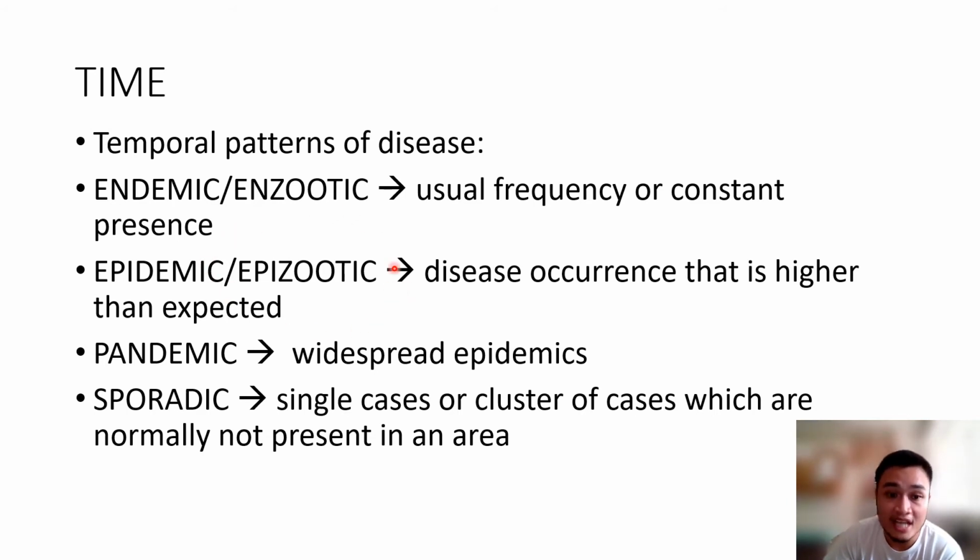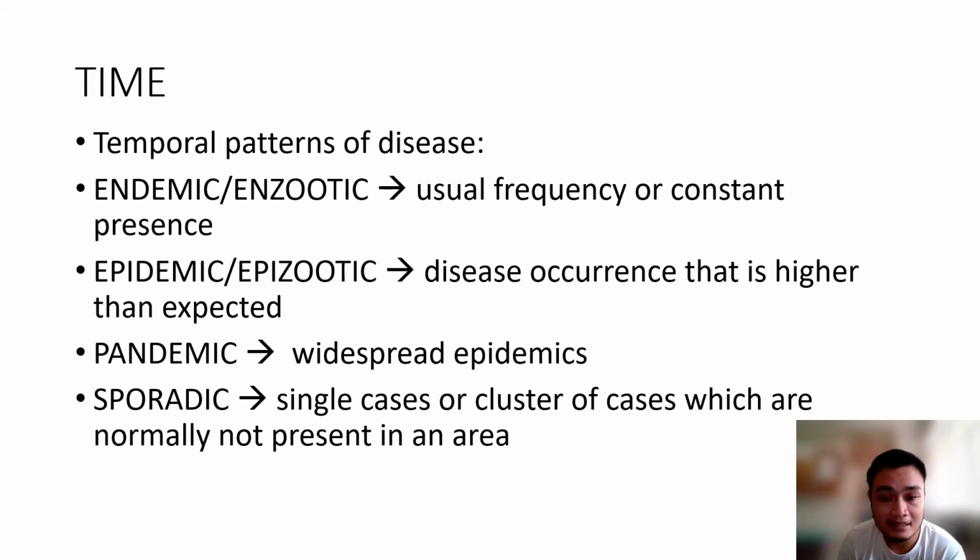That's an example of an epizootic. When ASF broke out in Kabakan in around early March this year, we do not expect that ASF will be there because ASF is not endemic in Kabakan. So, an outbreak occurred, an epizootic or an epidemic occurred, right? So, I hope that's clear.